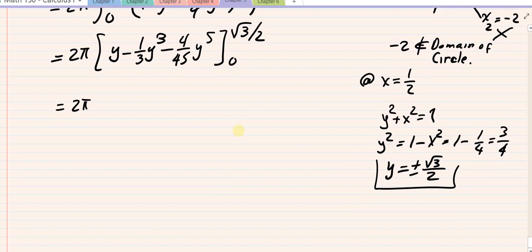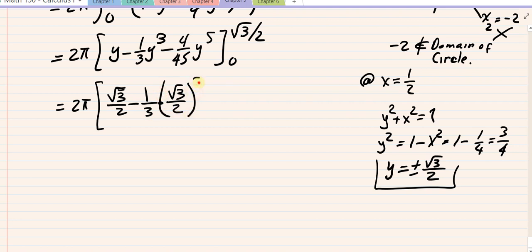Now when we plug in the numbers, that's root 3 over 2 minus 1/3 root 3 over 2 to the 3rd power, negative 4/45ths root 3 over 2 to the 5th power.